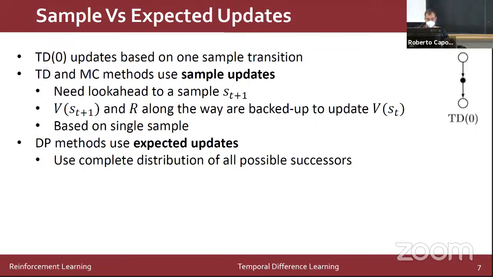So both temporal difference and Monte Carlo methods use samples, and those are called sample updates. They are different update rules, but still they use sample updates. In dynamic programming, instead, we use the full distribution of all possible successors, which means that we are using expected updates.